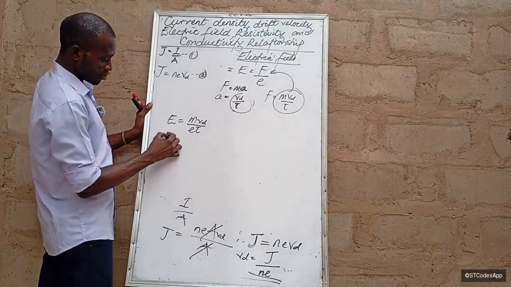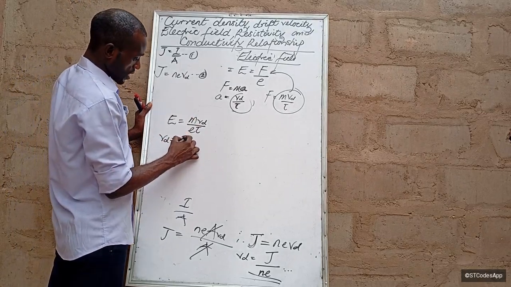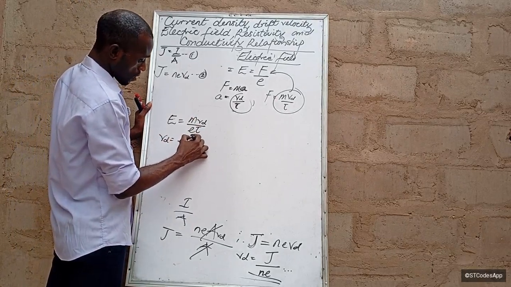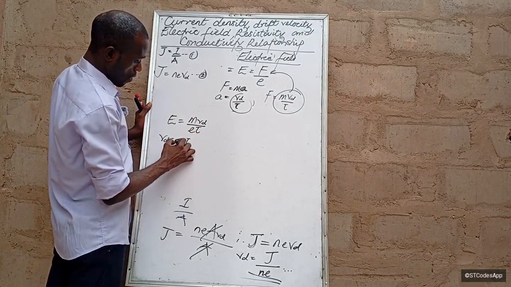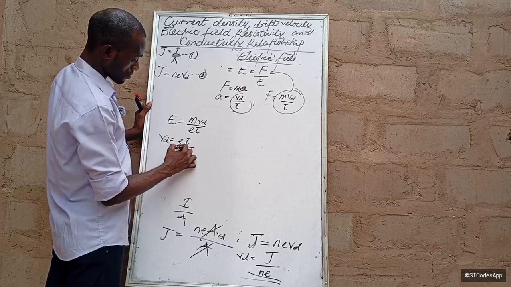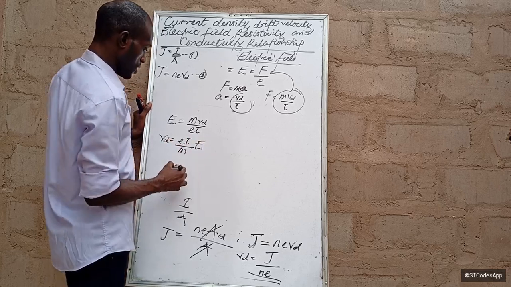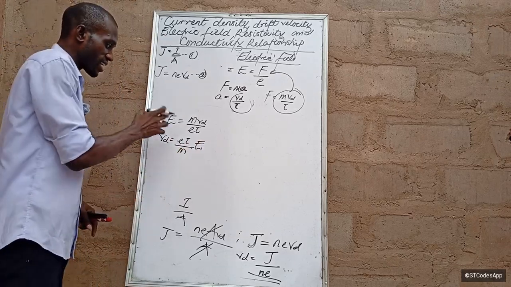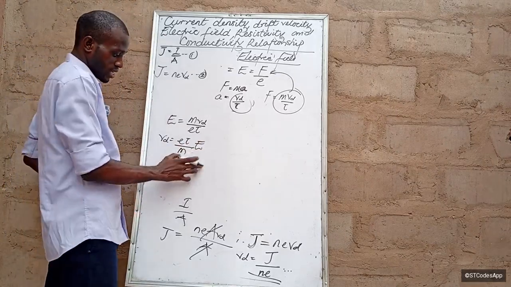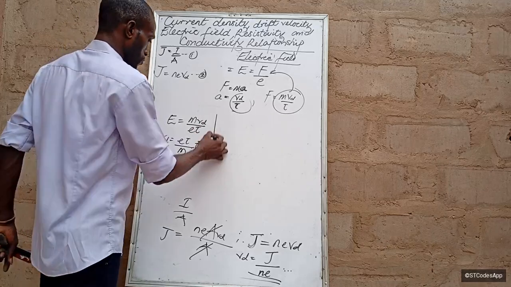So from here, drift velocity can also be written as e tau over m times the electric field E. I intentionally separated this electric field, and there's a reason why, which I'll show you soon.